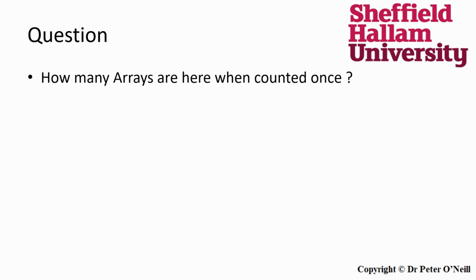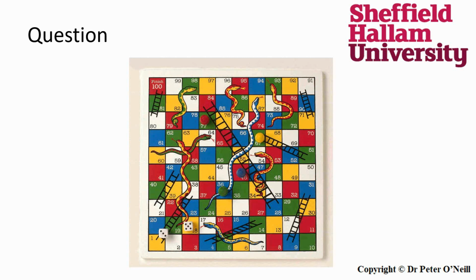Question: how many arrays are there when you count each array only once in the following image? I'll give you a little bit of time to look at that. Or if you like, press pause, count them, and then turn it back on. So how many do you think there are?